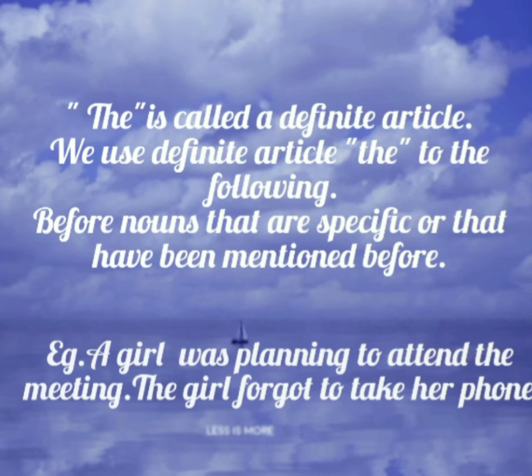Whenever we want to write a sentence, we can start the noun with a or an. But when we want to write the same mentioned noun again, at that time we use the definite article the before the noun.